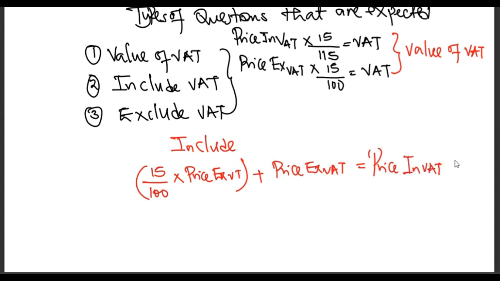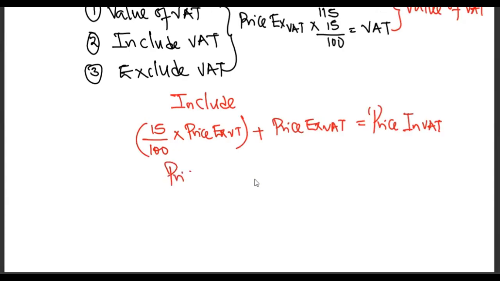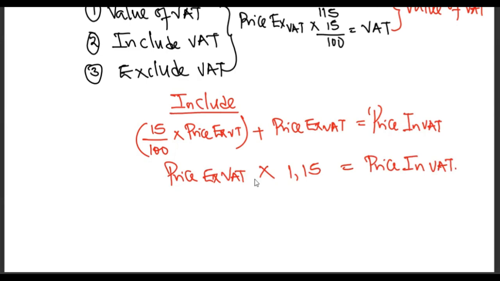It has VAT on it. Or the other method would be, you get the price excluding VAT. You just multiply it with 1,15 straight away. You still get the price including VAT. So if you want to include VAT, these are the two methods.